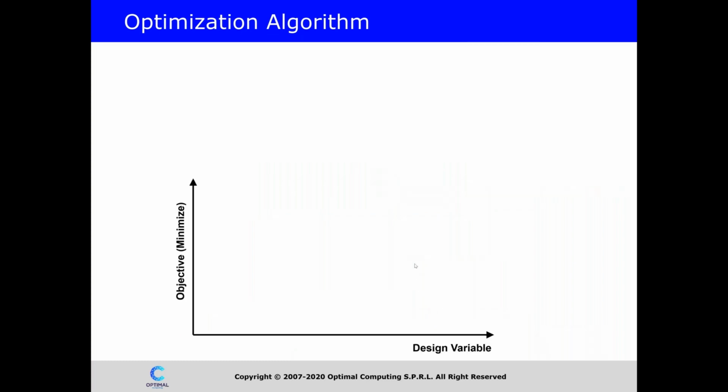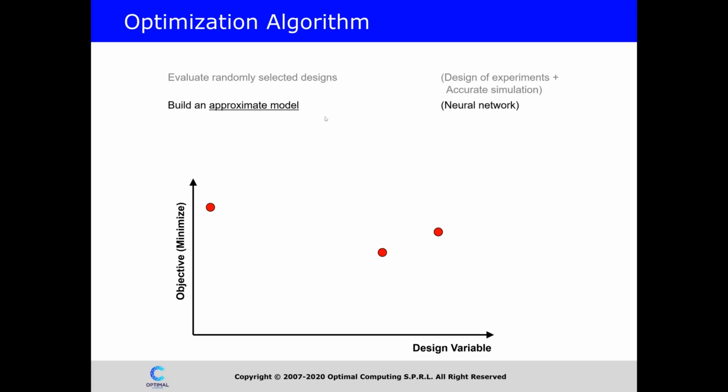How does it work graphically? Let's take a very simple problem with one design variable and one objective that we want to minimize. Then we will first evaluate randomly a number of points like this.